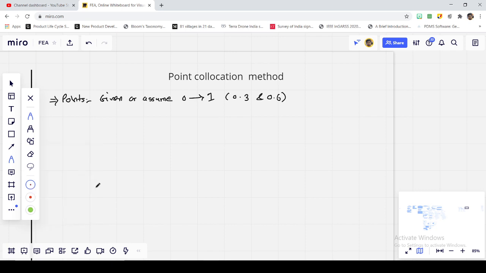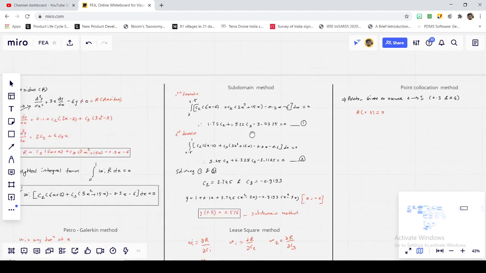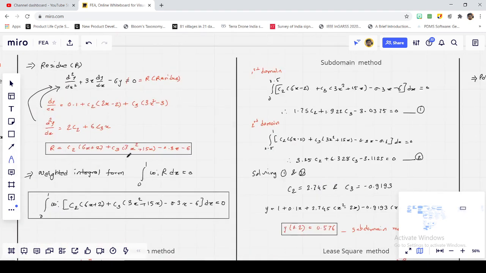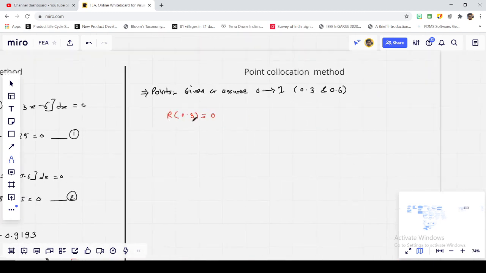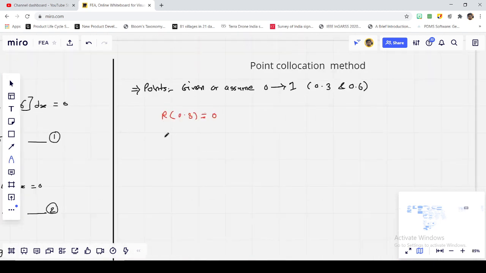And we will be starting with our solution. So what we have to find is the value of r at 0.3 and equate it with 0. And what is r? R we have already found out, so you can just check. We have the equation of r with c2, c3 and other terms, so we will be equating it. So let us start.